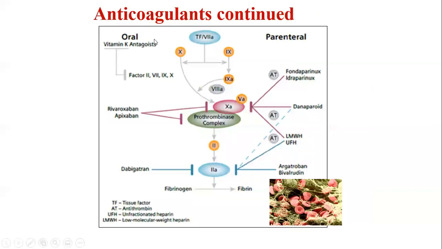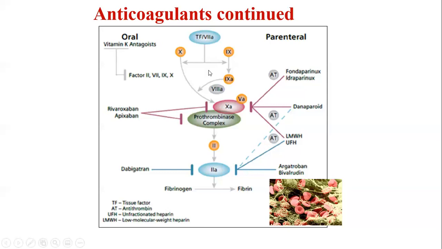So here is showing the anticoagulant pathway, or the cascade pathway, where if any bleeding occurs, blood can form a clot and stop the bleeding. But here we are talking about anticoagulants, how they work, right?